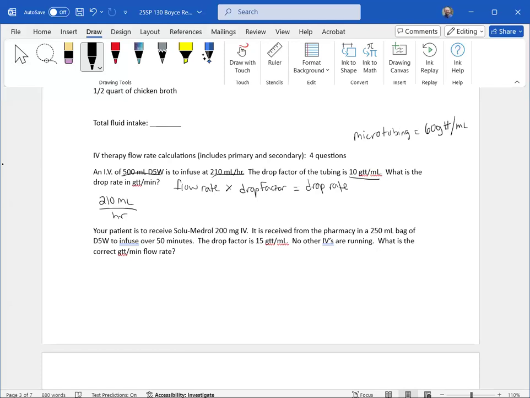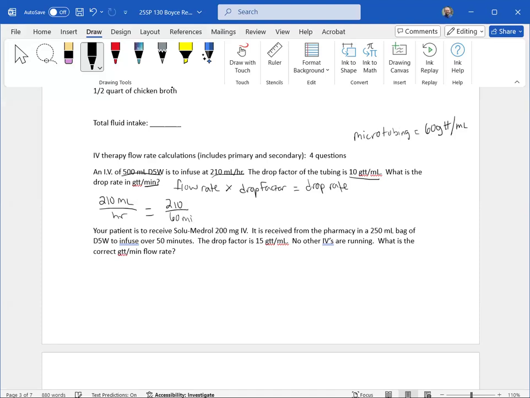Now, what am I looking for in this? I'm looking for drops per minute. So before I get started with anything, I just want to convert hours to minutes. I want to be in minutes because that's where I'm going to be ending. You don't have to do any extra math for this because you already know that 1 hour is equal to 60 minutes.